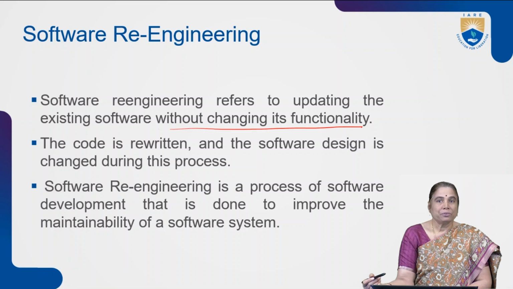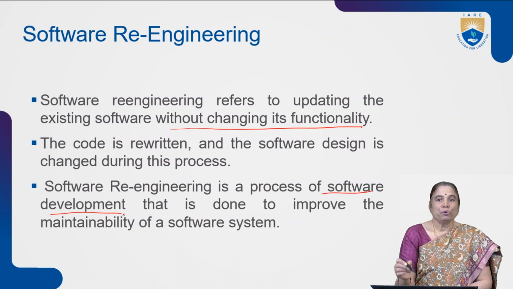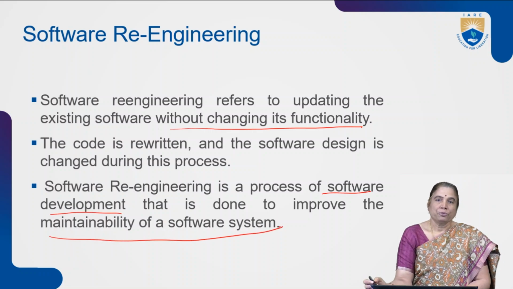So the code is rewritten and the software design is changed during this software reengineering, and it is the process of software development that is done to improve the maintainability of the software. So software maintenance and re-engineering are closely related.